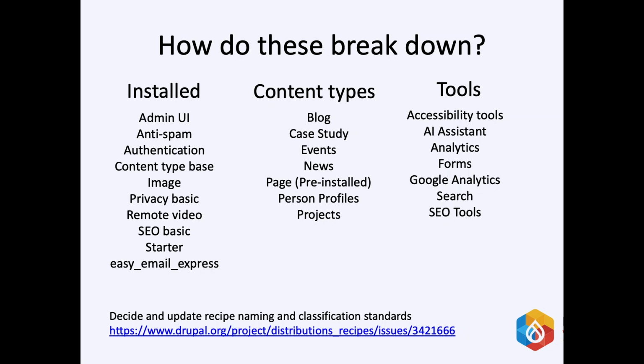You can pick none, and you'll just get the page content type, but you also get some tools that you can install afterwards. I've called them installed because they're just there, some content types and tools. But there is an issue on Drupal.org where there's a lot of bike shedding happening over what these should actually be called, how we should categorize these recipes, and I think it's actually postponed now, because more things are changing.